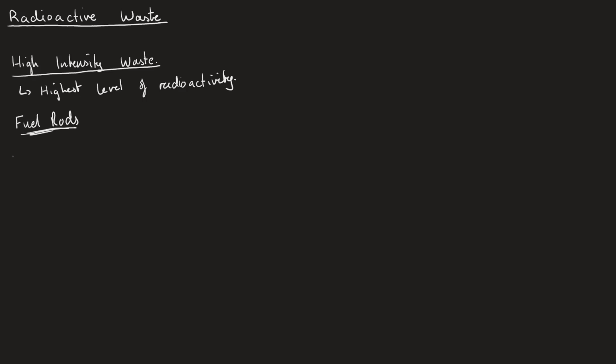We have to remove them remotely. We can't have anyone going into the nuclear reactor and removing them by hand, because then they'd be getting incredibly close to a bunch of alpha, beta, gamma, and heat radiation, all of it. So fuel rods are removed remotely.